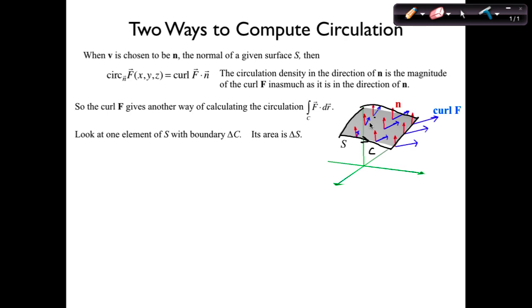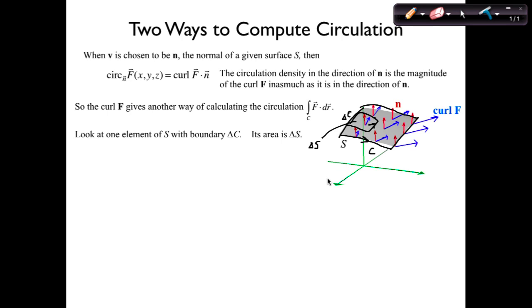Okay, so here's, say, one element of the surface with a boundary delta C. And that thing is delta S, say.